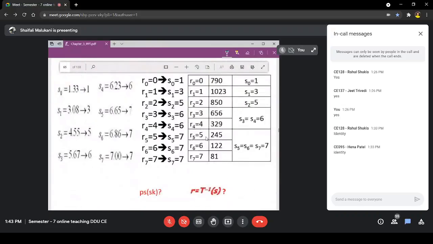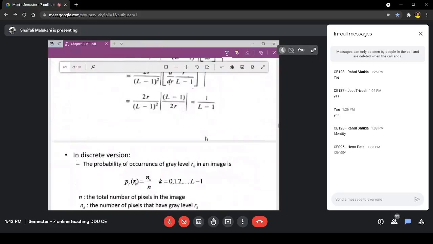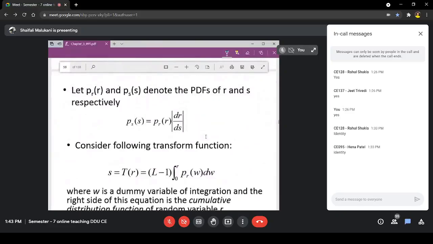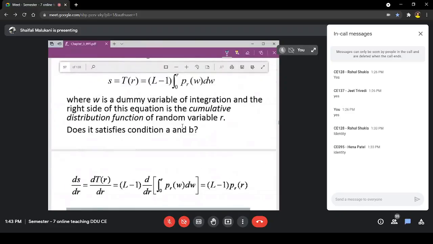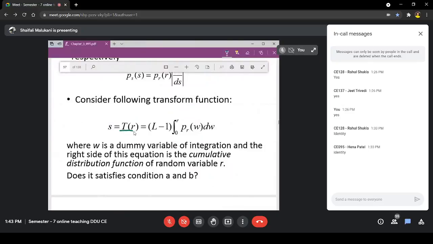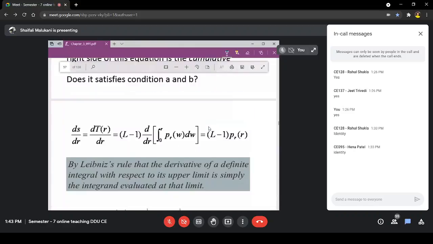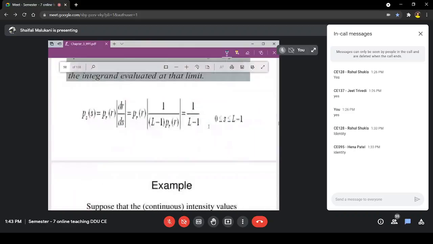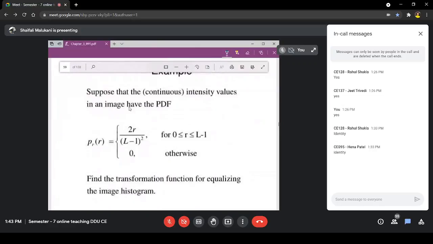We were taking L minus 1 times the integration of p_R from 0 to R, and the variable of the integral was W. If you apply the same logic, can you obtain T(R) quickly here? What will be your T of R?